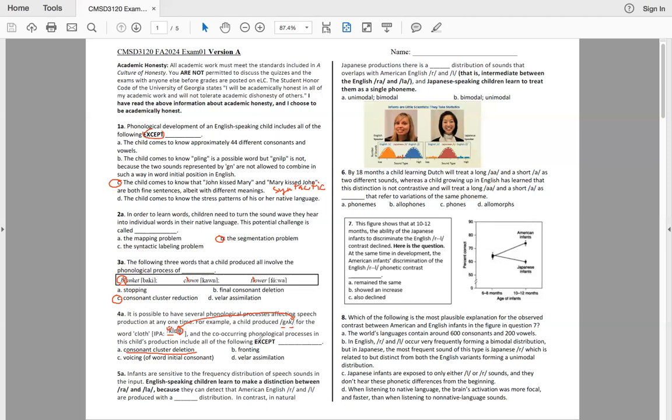So this substitution is more specifically called velar assimilation. Another change you will notice is that the initial k sound, which is a voiceless sound, is replaced by a voiced velar sound. So we see a process of voicing. So the only thing that is not available is fronting.